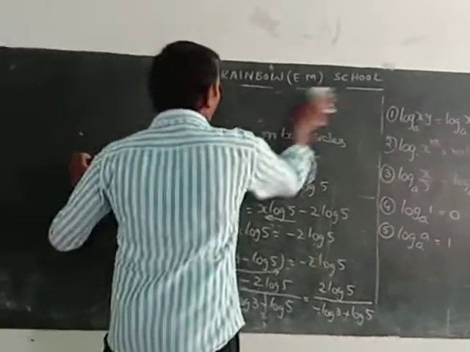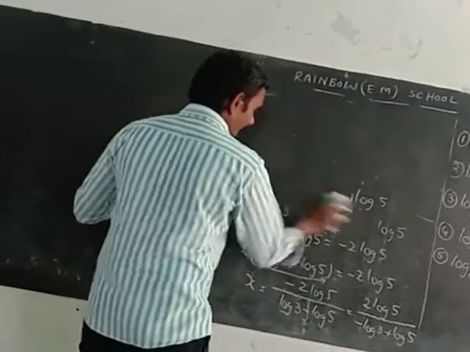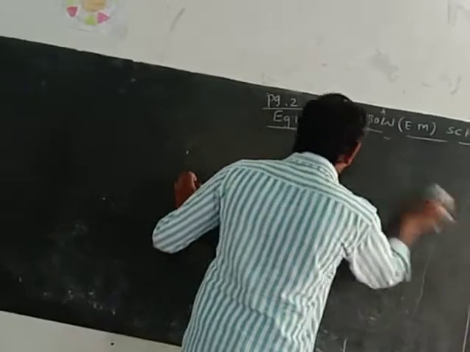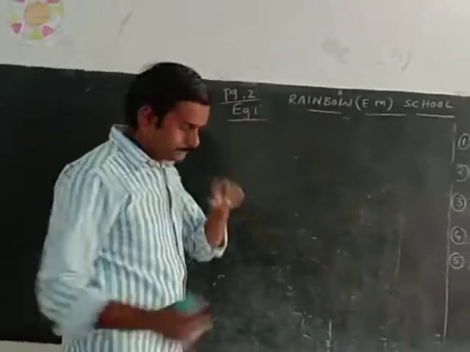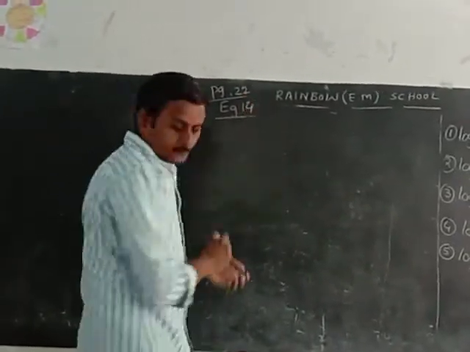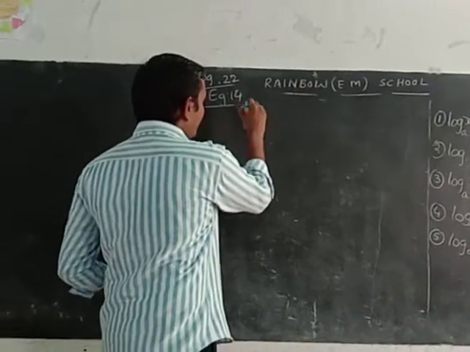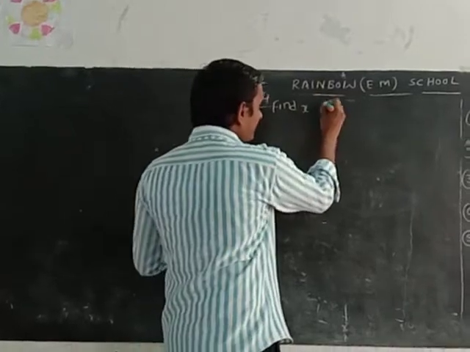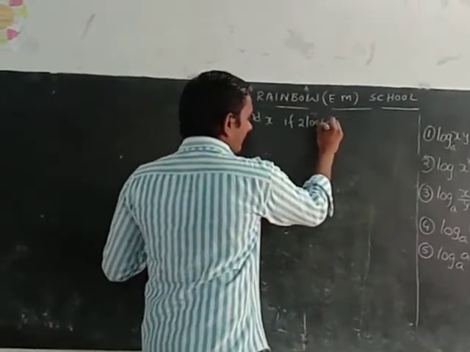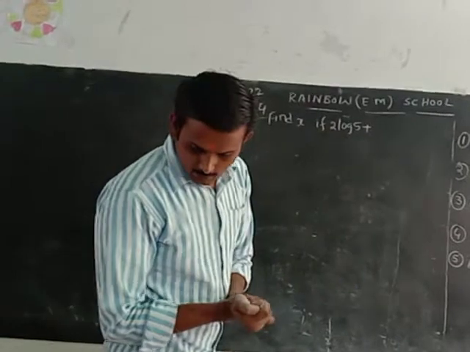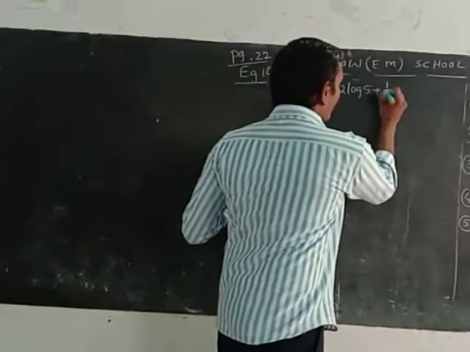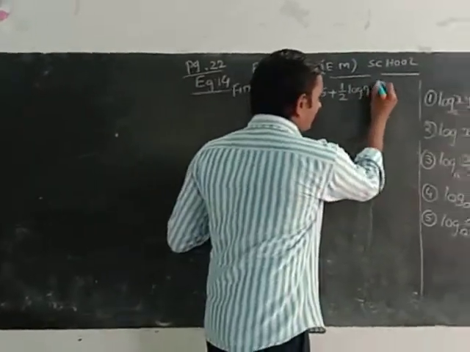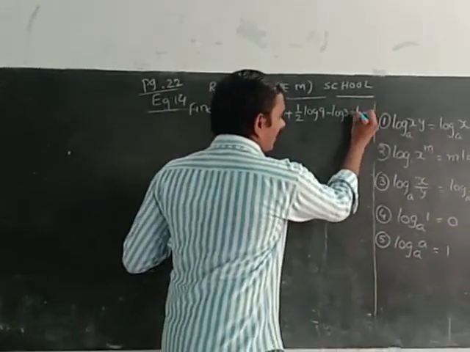It's on page number 22 only. Example 14. What is the question? Find x if 2 log 5 plus 1 by 2 log 9 minus log 3 equals log x.